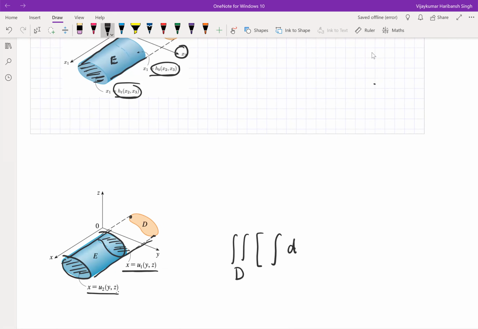So let's say I want to compute the integral of f dV, right? Then in that case, we'll have dx dA, and then from u1(y,z) to u2(y,z).